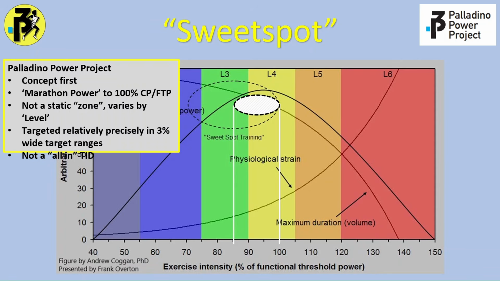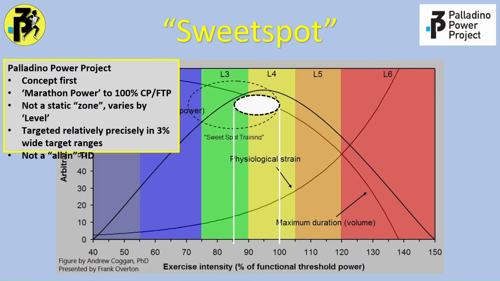And the other thing about this sweet spot is that we can distribute stimuli within it by having relatively precise or narrow target ranges for a given workout for a specified duration.